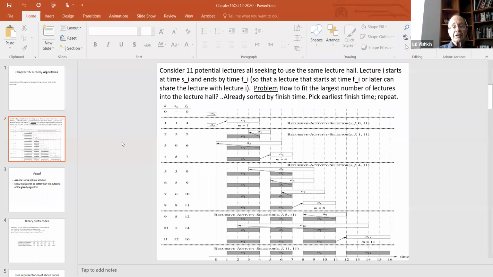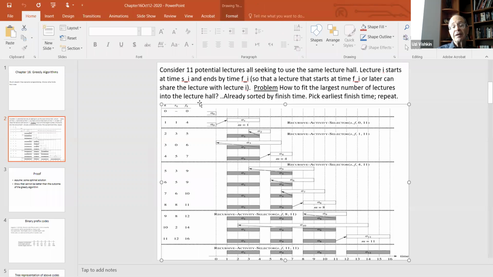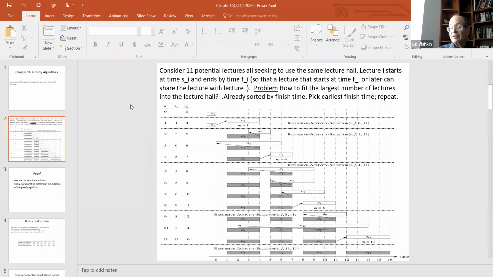But this didn't happen by coincidence. It's really the first step in the algorithm. Okay, so suppose we did the sorting, and now comes the algorithm. And the algorithm is really a one-liner. Once we have done the sorting, pick the earliest finish time and repeat.